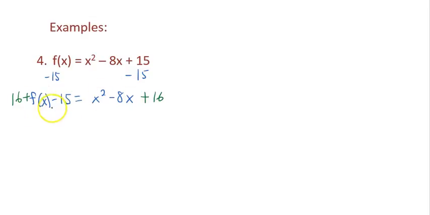On this side over here where you have the f of x, you can combine those numbers. So I have 16 minus 15 is just 1, so I put plus 1 now. This side over here on the right is always going to factor into 2 parentheses. Both of them are going to have the sign that is between the x squared and the x, so in this case that's a minus.